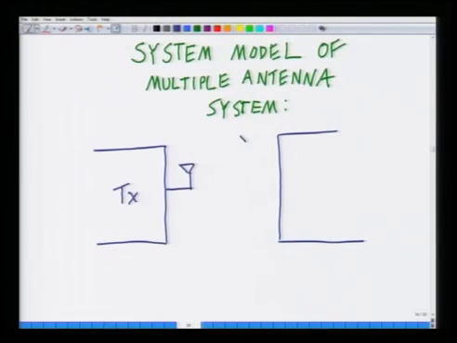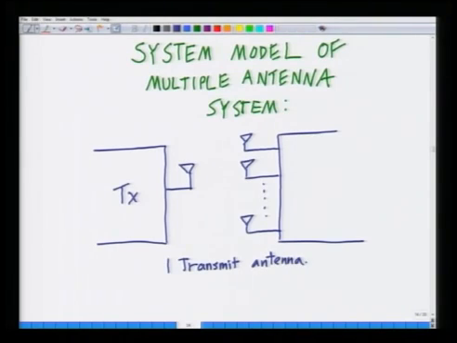I have a receiver which has L receive antennas. Now, I am going for a general case where I have one transmit antenna and L receive antennas.